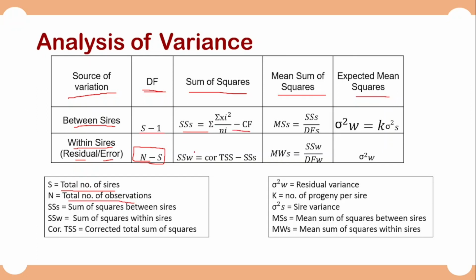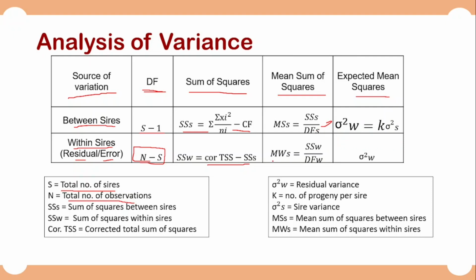And to calculate sum of squares within sires, the formula is... in this fourth column we have to calculate mean sum of squares. The formula to calculate mean sum of squares between sires is equal to sum of squares between sires divided by degrees of freedom between sires.